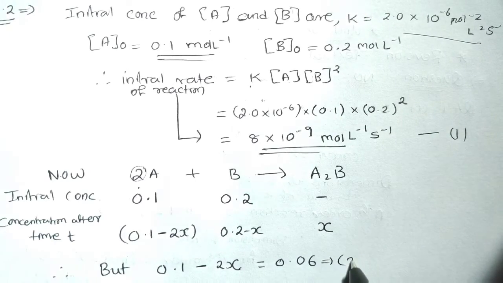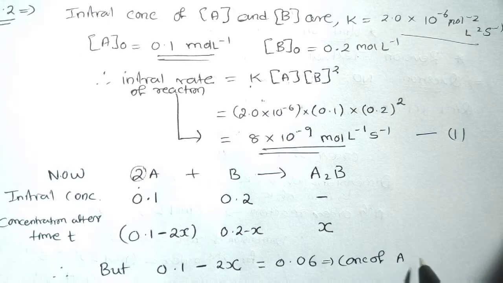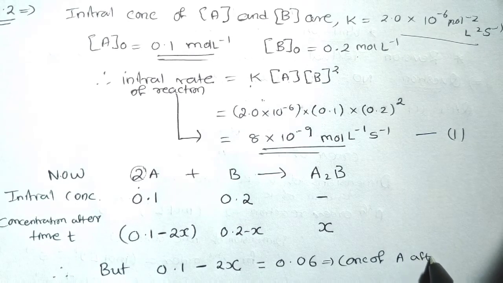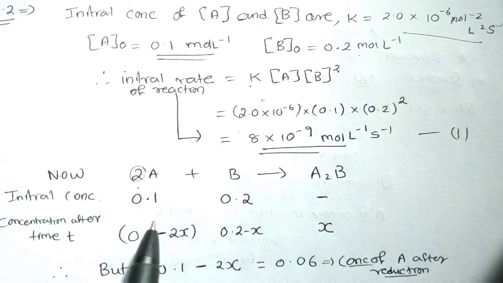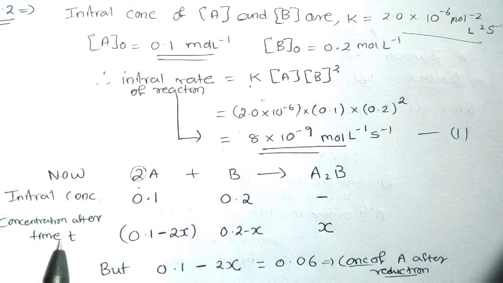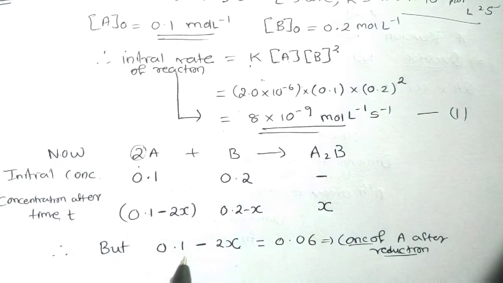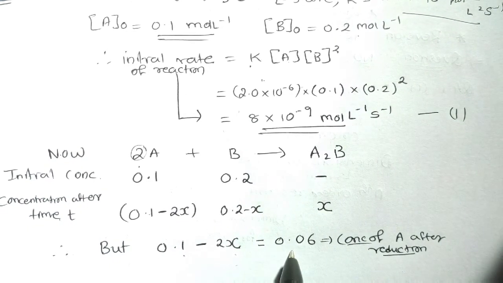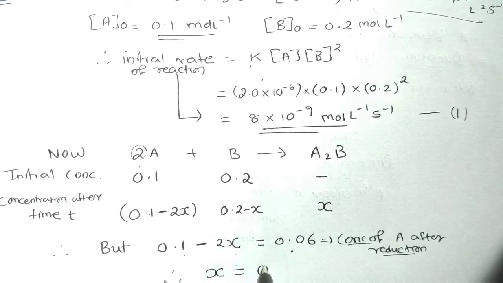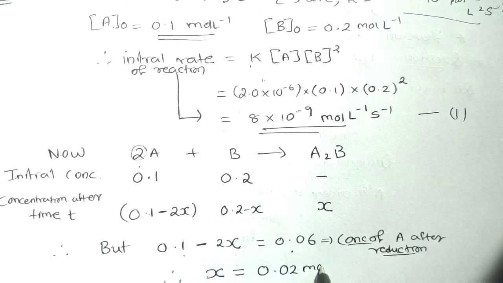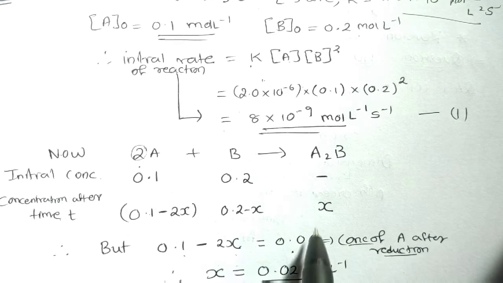This is the concentration of A after reduction. That is, the concentration is reduced, so the concentration at time t will be equal to 0.06. Therefore if you simplify this, x is equal to 0.02 mol L^-1. Understood? This is x after reduction.